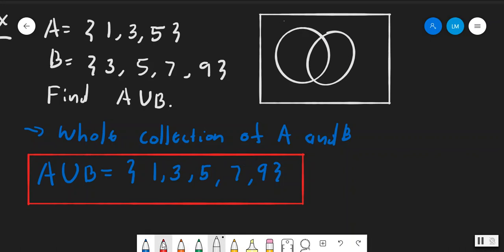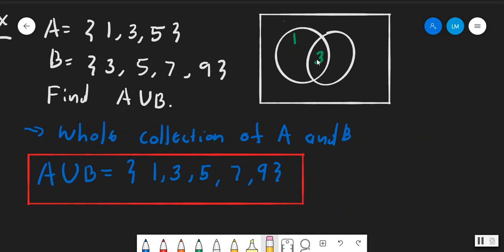So the elements that will be in the set for A, well, let's note this. There's a 3 in both of them, so that means that you have a 3 there. But then you have a 1, and then you have a 5. Oh, wait, actually they both have a 5.